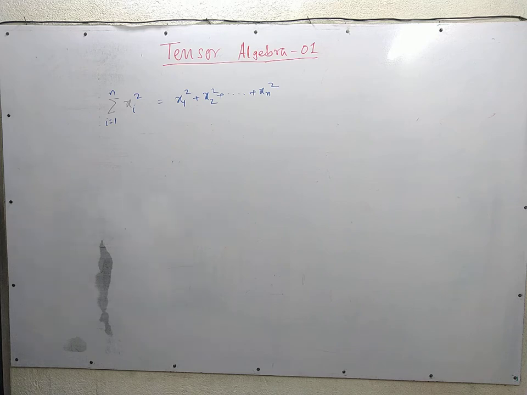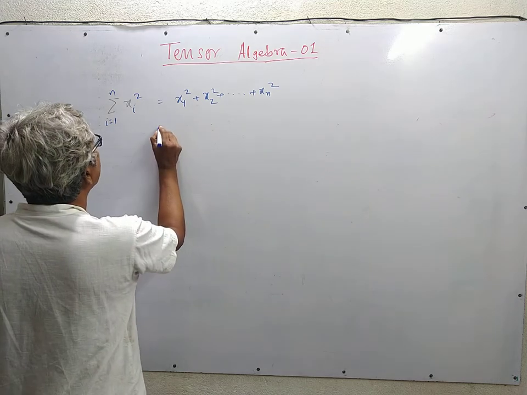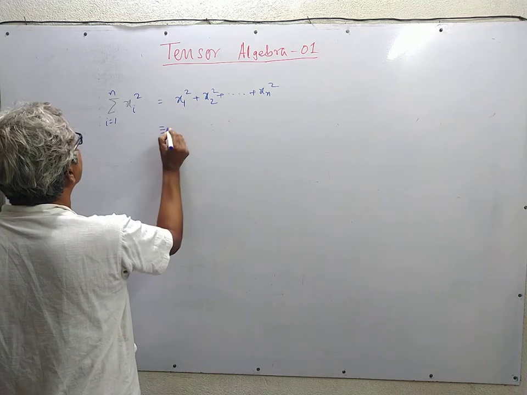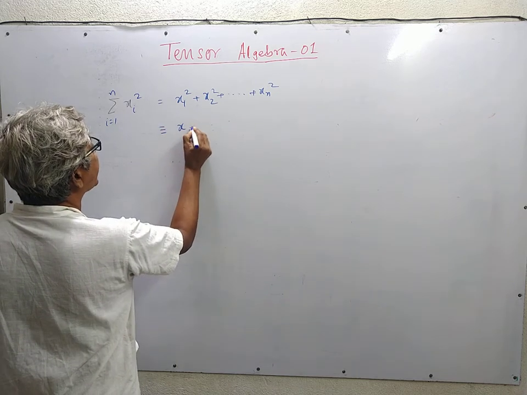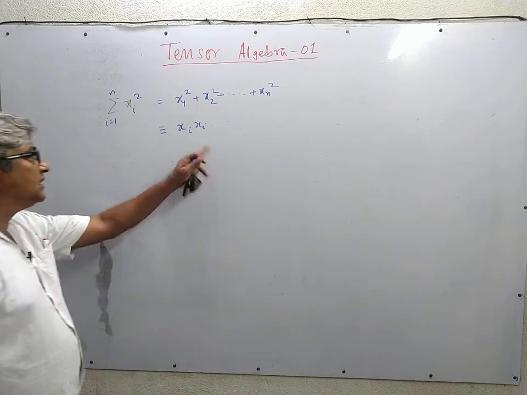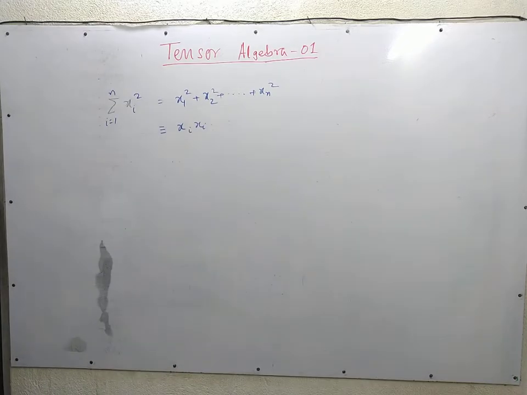In Einstein's summation convention, one rewrites it as simply xi xi. This is an index which is being repeated, and the Einstein summation convention is that if we have an index which is repeated, then the sum over this index is implied.